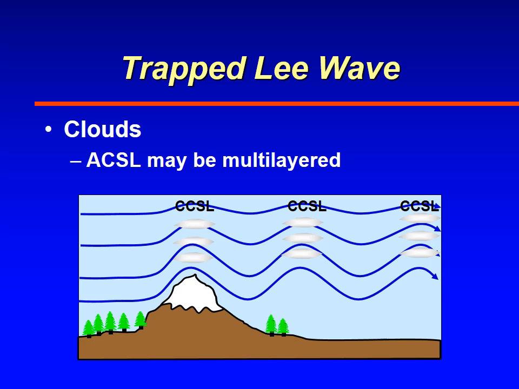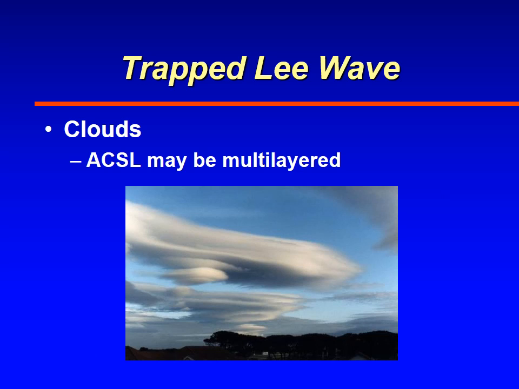It depends upon the moisture profile upwind of the mountain and upwind of the wave. What happens with these multi-layered clouds is that you'll have layers of moisture and then layers of dry air, so that as the air is forced to rise, you get clouds forming at different layers, and they have quite an impressive structure.